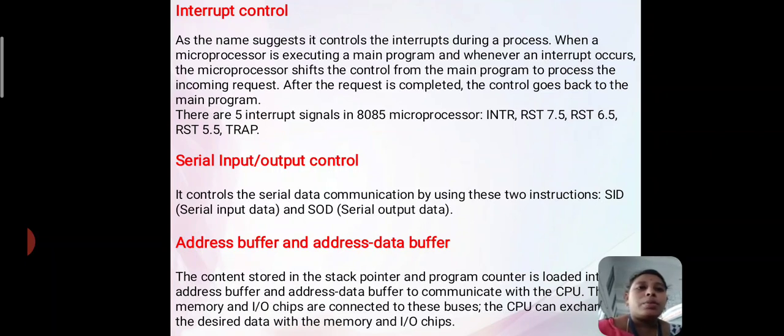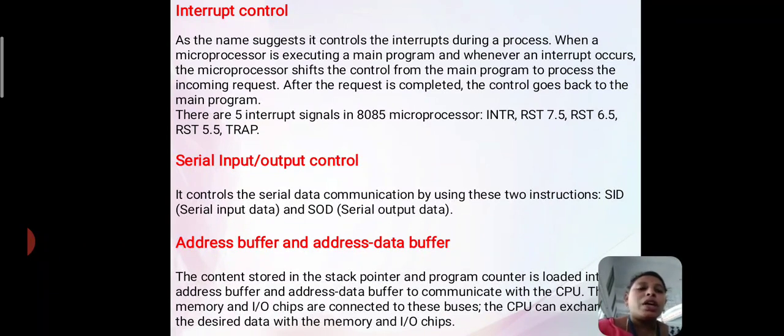Next we see interrupt control. As the name suggests, it controls the interrupts during a process. Whenever the microprocessor is executing a main program and an interrupt occurs, the microprocessor shifts the control from the main program to process the incoming request. After the request is completed, the control goes back to the main program.